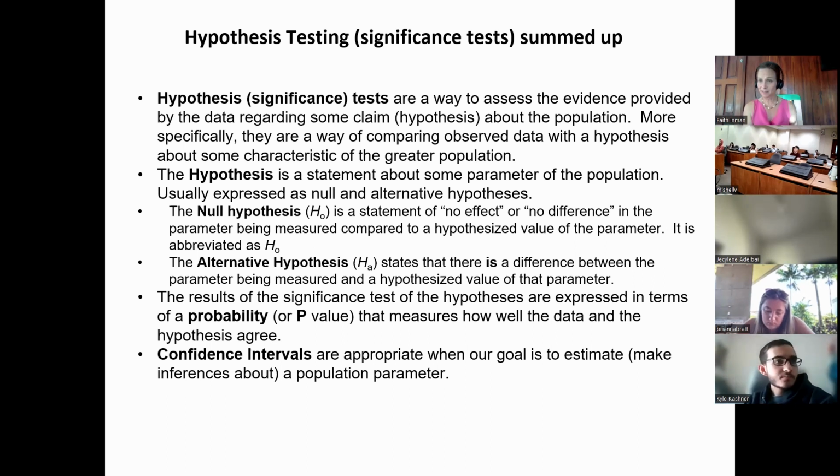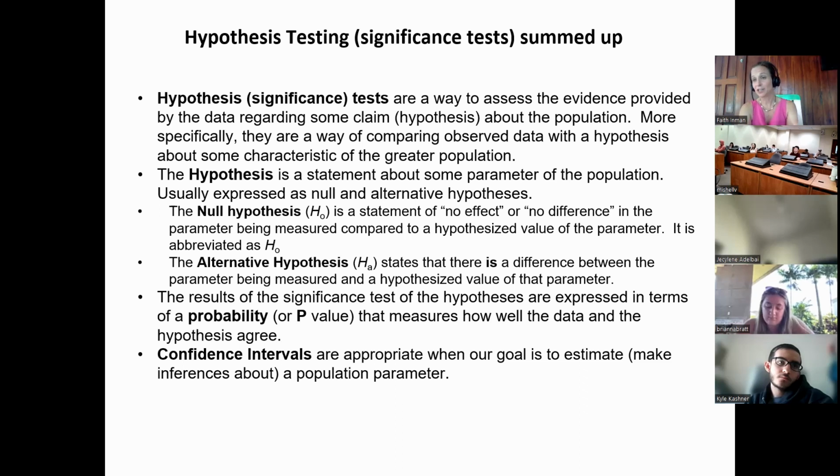The hypothesis is a statement about some parameter of the population, usually expressed as null and alternative hypotheses. So the null hypothesis is a statement of no effect or no difference in the parameter being measured compared to a hypothesized value of the parameter for the one sample t-test.